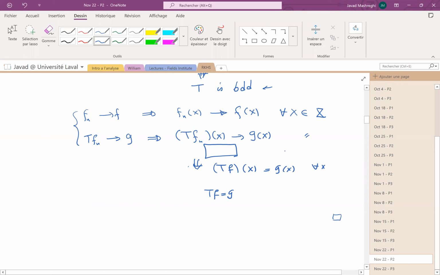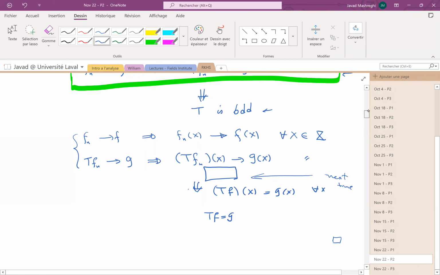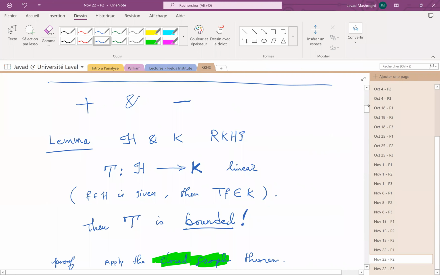I'm sorry for that. So next time I will complete this. But still, this lemma is a very powerful lemma.